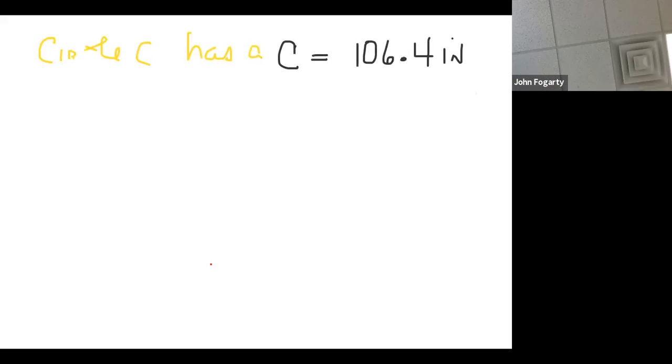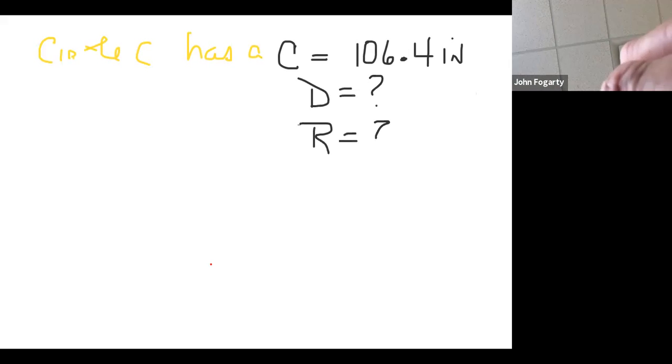Circle C has a circumference equal to 106.4 inches. Tell me the diameter and tell me the radius. All right, well, what's the formula we have? Circumference, pi d, right?